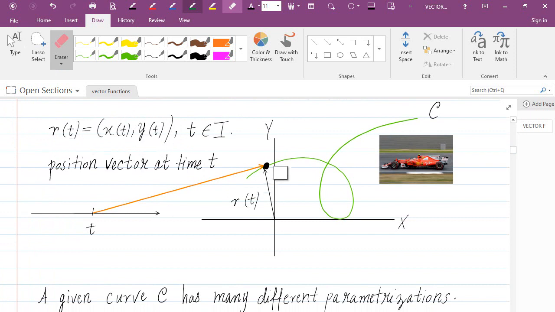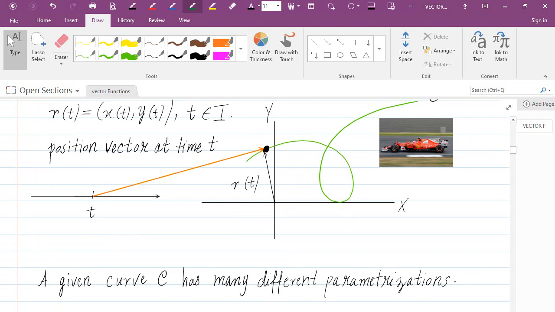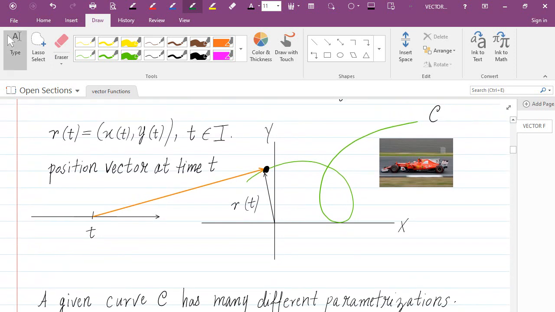So you can think of C, for example, as a racetrack, and you can think of R of t as the position vector of a race car on this track. So the tip of R of t, as drawn from the origin, is a point on the curve.